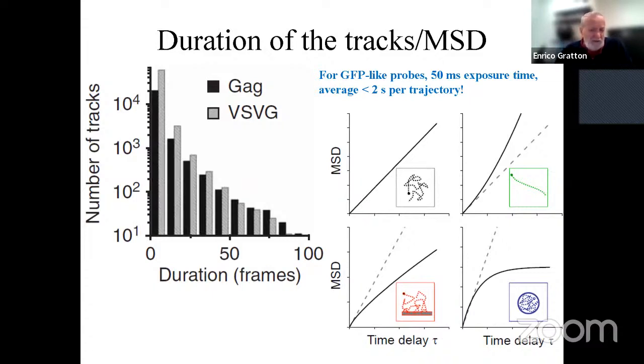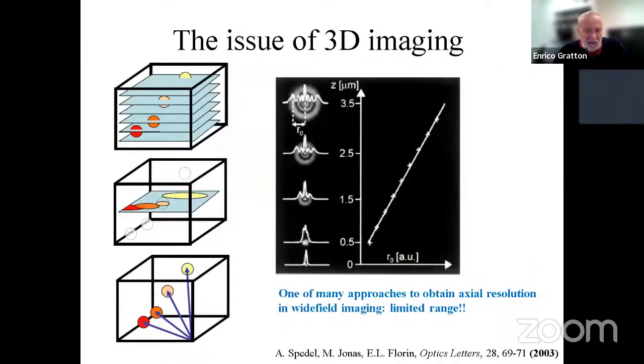The duration is at the most on the order of hundreds of frames. You can do 100 frames, and you cannot do more than that. This is very important because you can observe a particle diffusing for a much, much longer time with a technique I will describe in a minute. So can you get the next slide?